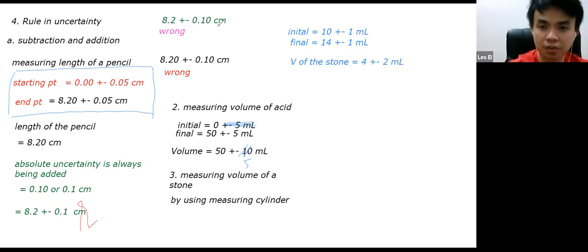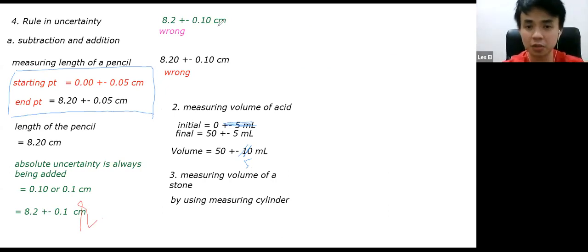So my initial is supposed to be written as 10.0 plus minus 0.5 milliliter, and the final would be 14.0 plus minus 0.5 milliliter. So the volume of the stone is equal to 4, and then you add the uncertainty.